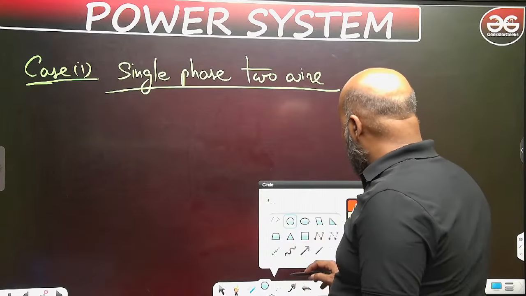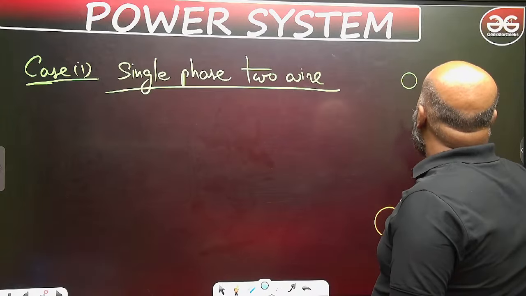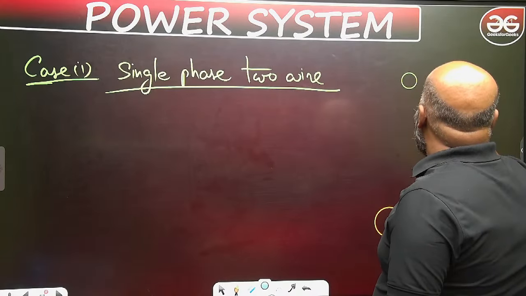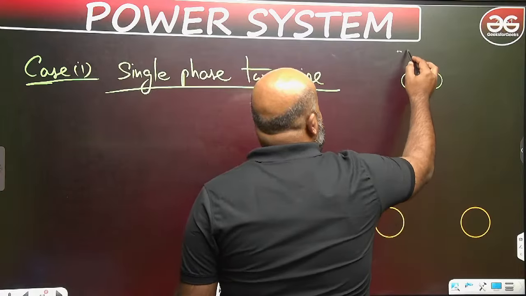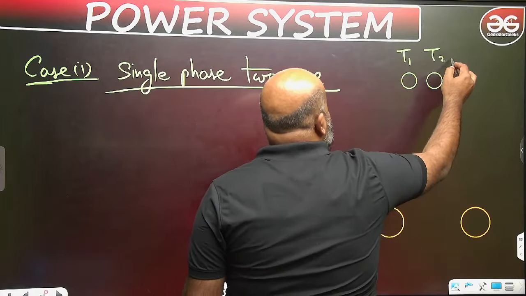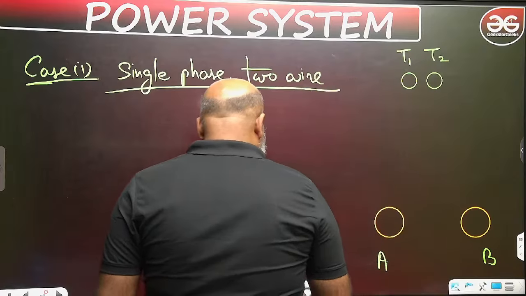These are the transmission lines and these are the telecommunication channels. So we are calling them T1, T2, and we are calling these A and B as the forward and the return conductor.